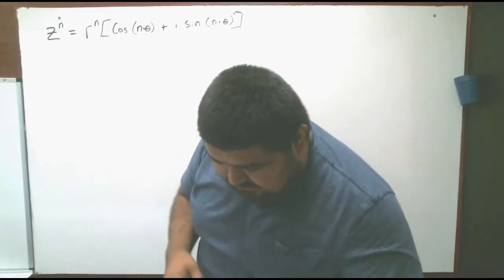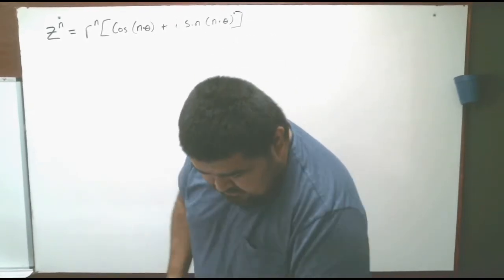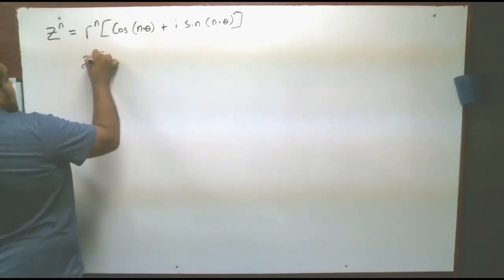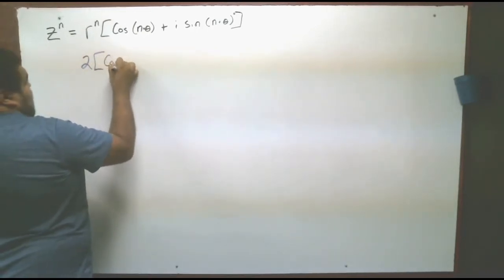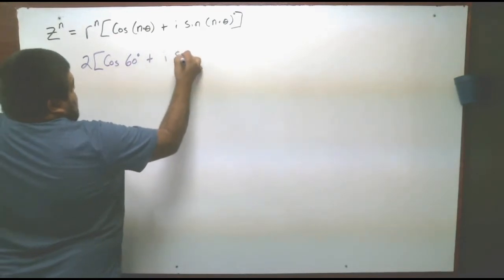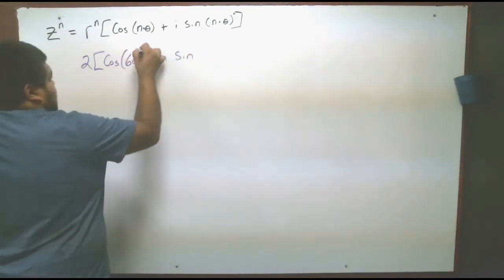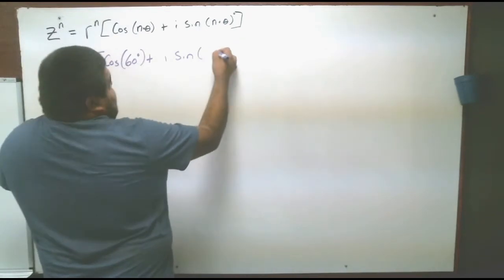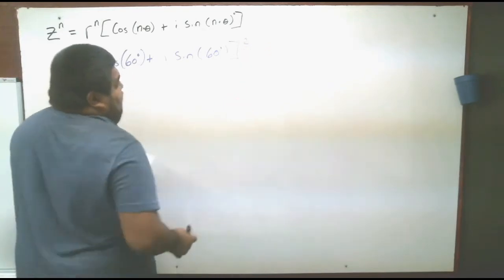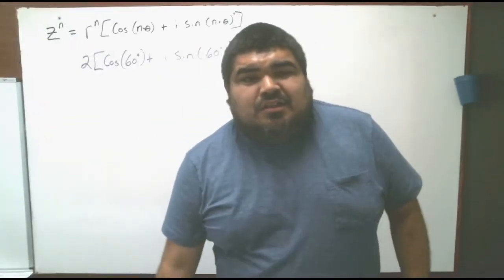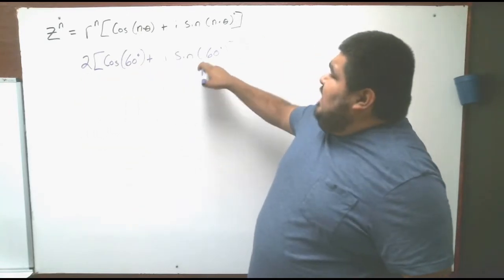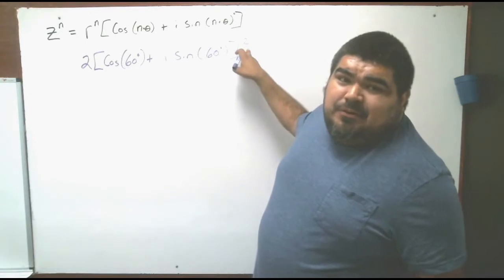if we have a problem like this: 2 times cosine of 60 degrees plus i sine of 60 degrees, to the exponent of 2. So we have 2 times cosine of 60 degrees plus i sine of 60 degrees to the second power.